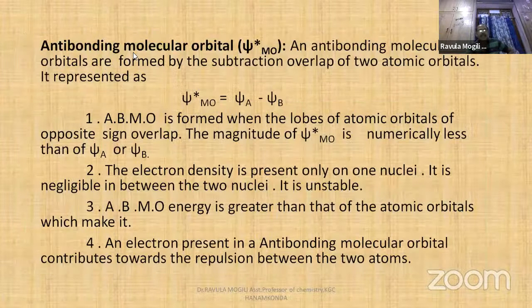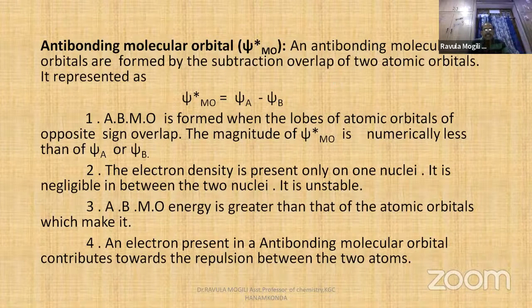Next, anti-bonding molecular orbitals are formed by the subtraction overlap of two atomic orbitals. So addition overlap gives bonding and subtraction gives anti-bonding. So psi star, this is the molecular orbital, psi A minus psi B. The anti-bonding molecular orbital is formed when the lobes of atomic orbitals of opposite sign overlap.